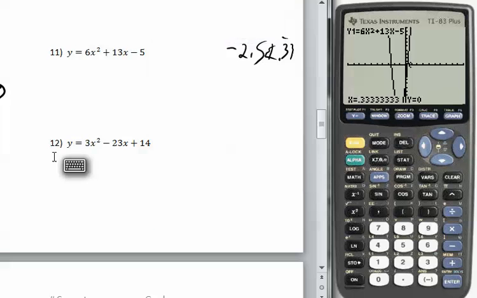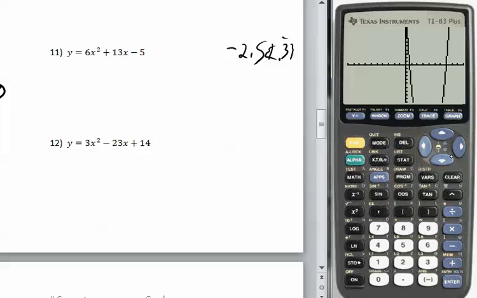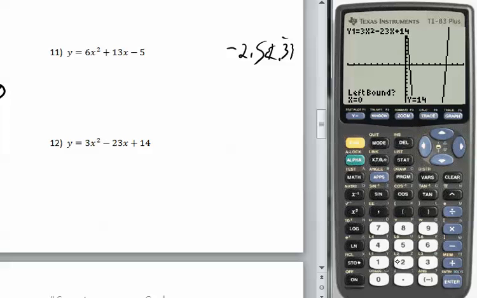So let's take a look at how to do this next one on the calculator. So we go into y equals 3x squared minus 23x plus 14. So we go into the graph, and we're looking for the two zeros. So calculate a 0 between somewhere over here and somewhere here.